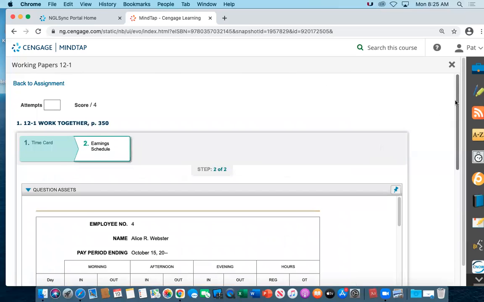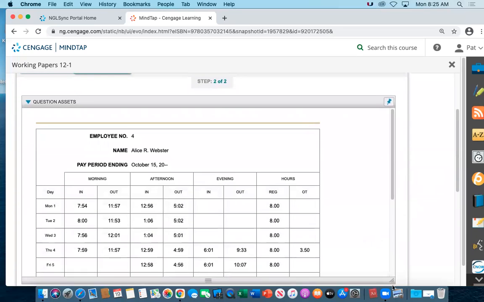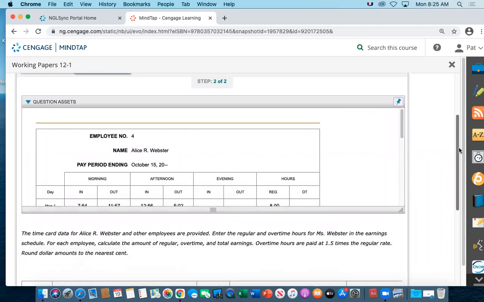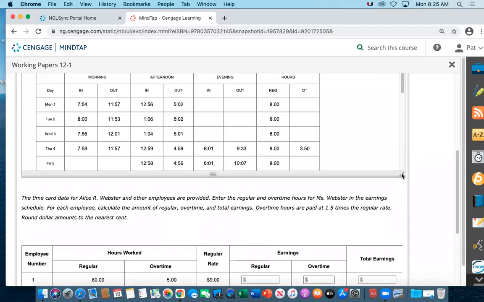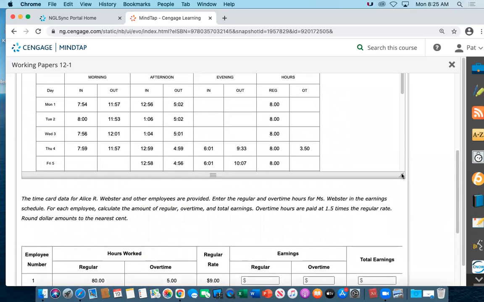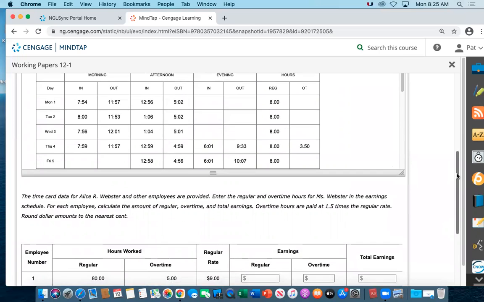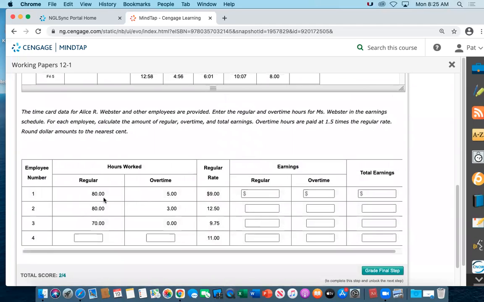So now on tab 2, they got the hours worked there. Okay. So then what we need to do is we have 80 regular hours and 5 overtime hours. So how do you find regular pay?